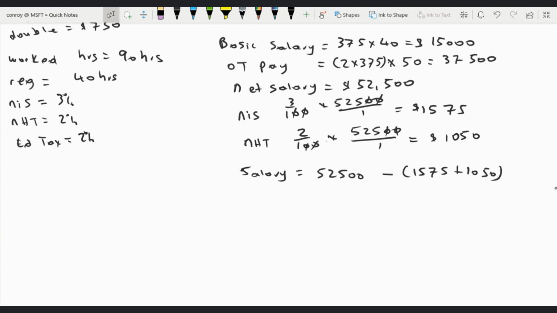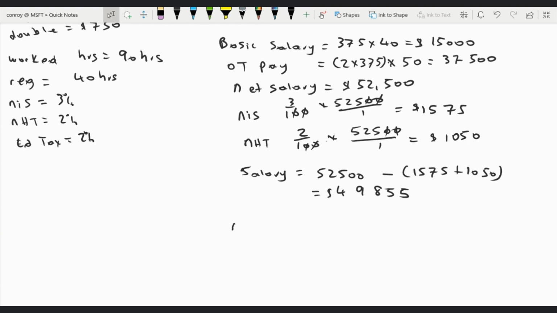Subtract our salary from these figures right here. We are left back with 49,875. Okay. Left back with this salary now.